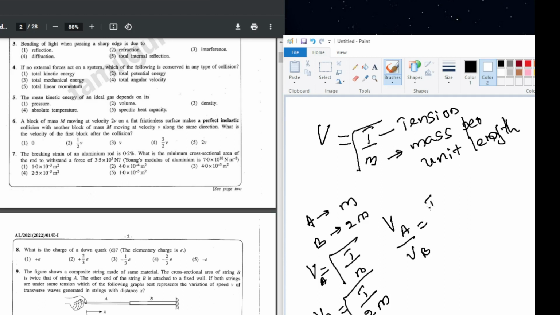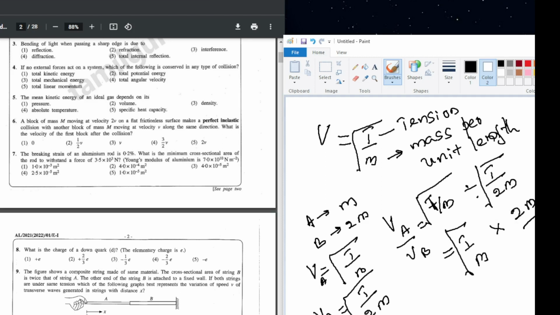Equal to square root of T over M divided by T over 2M, that is T over M multiplied by the reciprocal, 2M over T, square root.